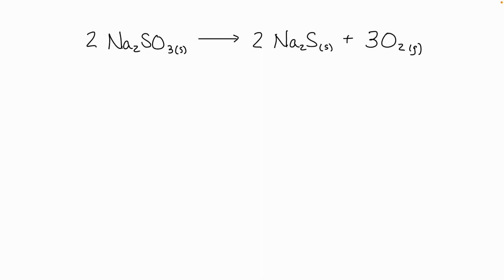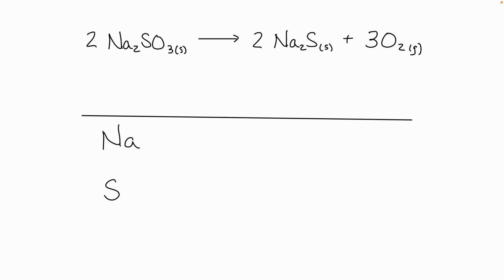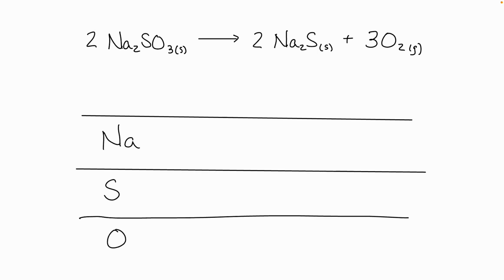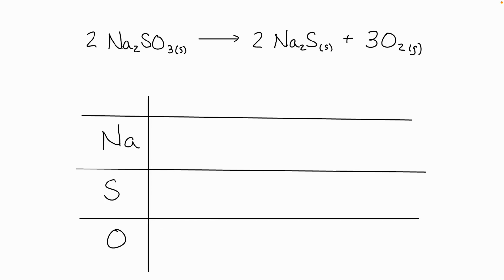All right, and what we're going to do is we're going to build this table where we have each element, sodium, sulfur, and oxygen. And we figure out its oxidation number first on the reactant side, and then on the product side.